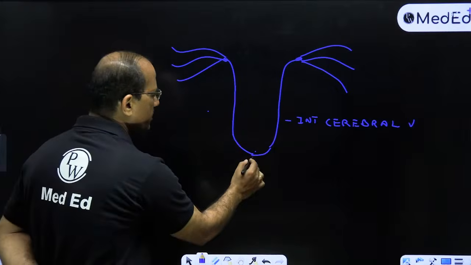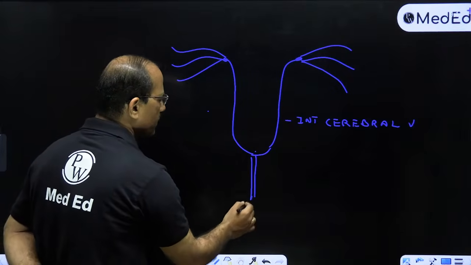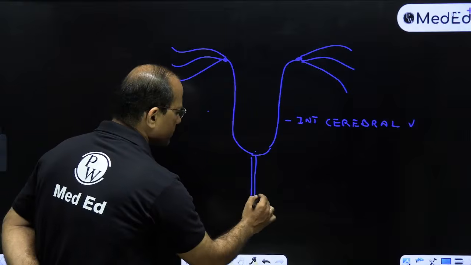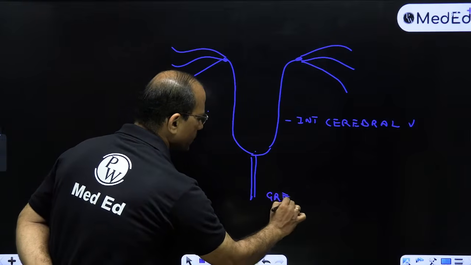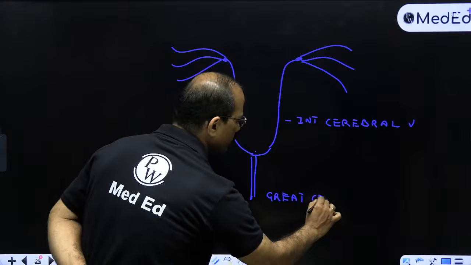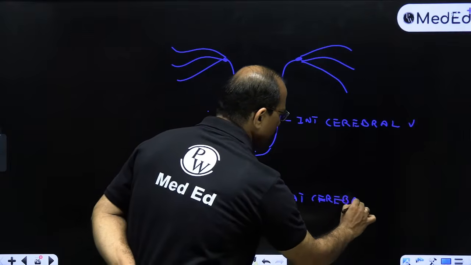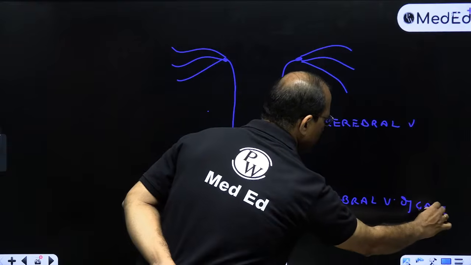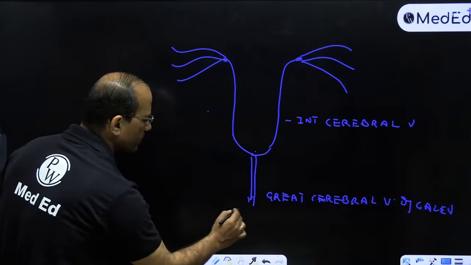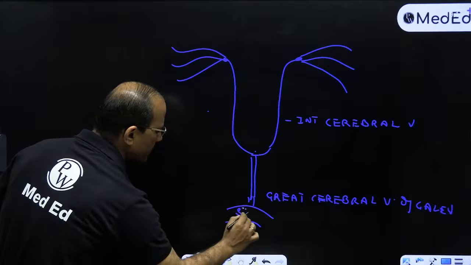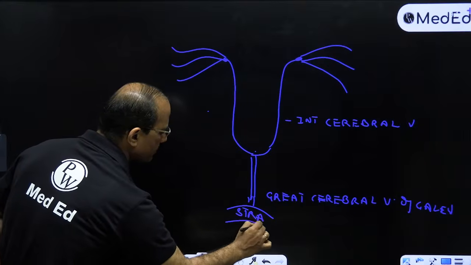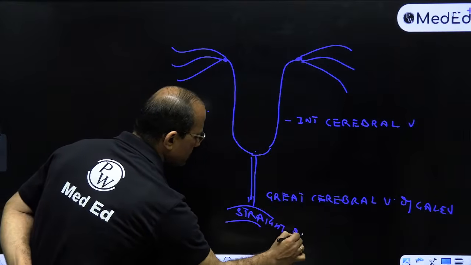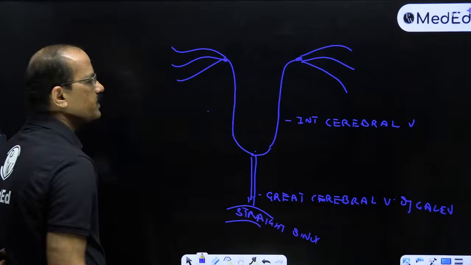Two internal cerebral veins join to form the great cerebral vein of Galen, and this great cerebral vein of Galen drains into the straight sinus.